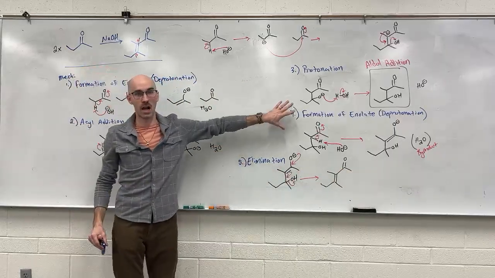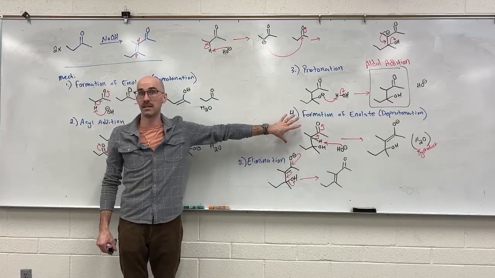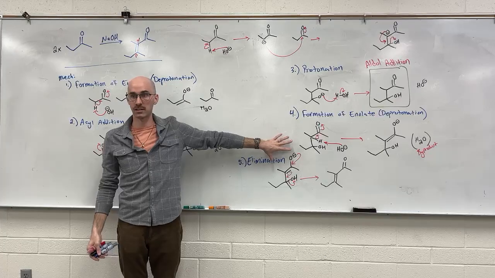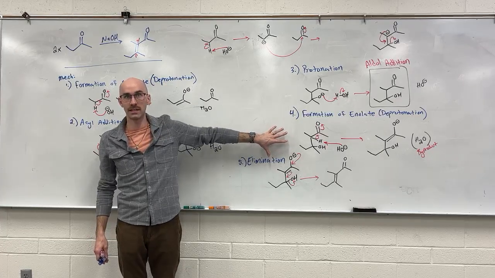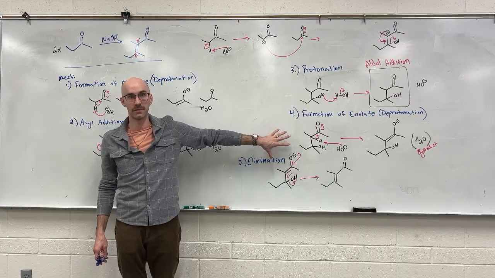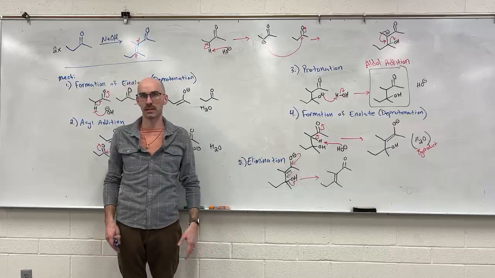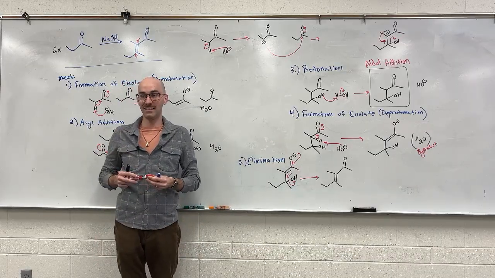So, common misstep here is combining these steps and showing E2 elimination of hydroxide. It's not E2 elimination. I think it's called ECB1. I don't like it. It's like elimination, conjugate base, first order, or something like that. Okay? Don't forget it, whatever that was.